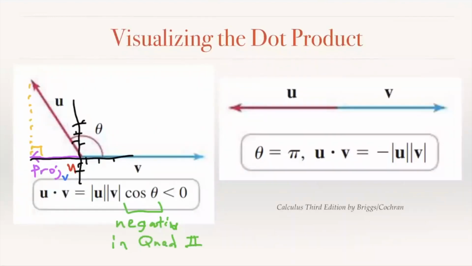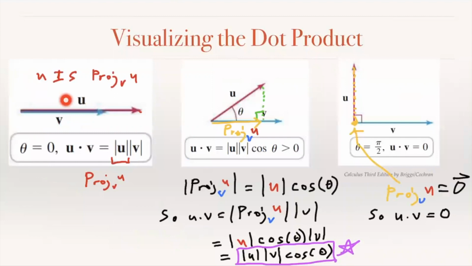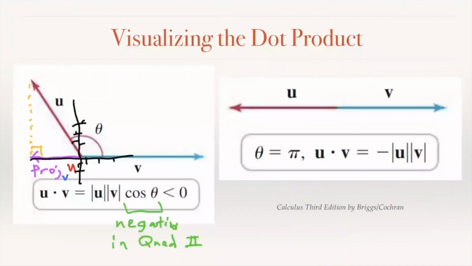And finally, if u and v are parallel, but facing in opposite directions, then in the same way as over here, it'll just be their lengths multiplied, except now the cosine of theta is negative. Specifically, the cosine of theta here is the cosine of pi, which is -1.